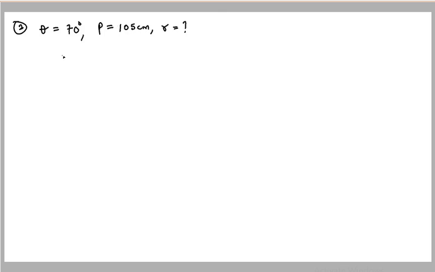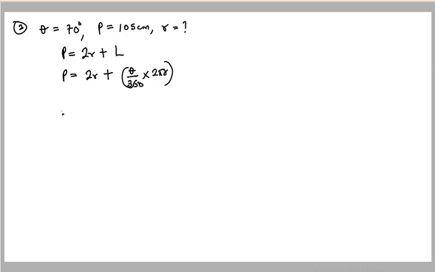P is equal to 2r plus the length of an arc. And of course, you know what the length of an arc means. The length of an arc is simply theta over 360 times 2 pi r.